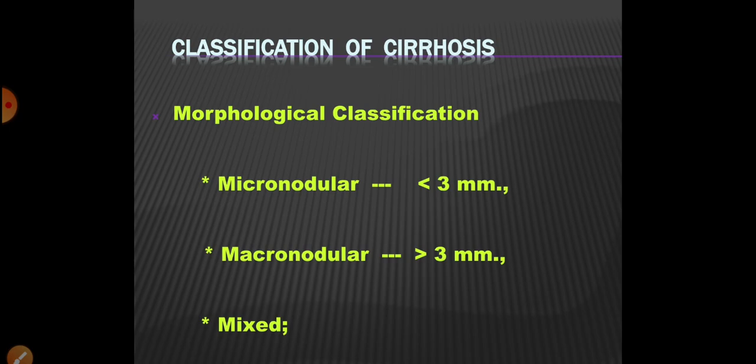Micronodular cirrhosis when the nodules of the parenchyma are less than 3 millimeters in diameter, and macronodular cirrhosis when the size of the parenchymal nodules are more than 3 millimeters. The classification is arbitrary, and there is a lot of overlap in the etiological factors causing different morphological types of cirrhosis.